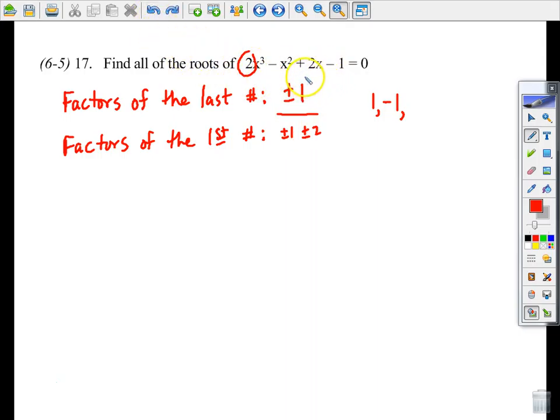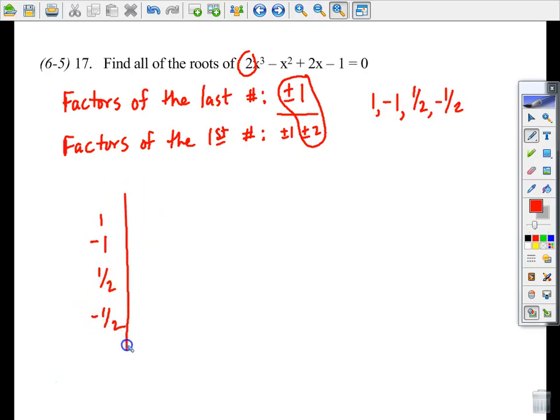We also could make the numbers 1/2 and -1/2 from these. So all in all, we have 4 different possible rational roots. And we're going to use those in a table. So I'm just going to list these possibilities.